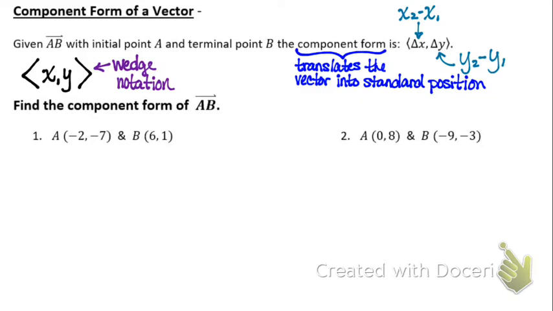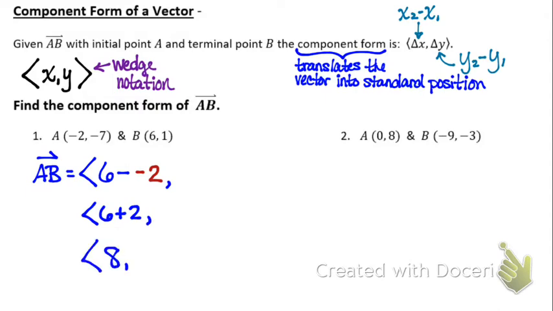So let's find component form for number 1. For my vector AB, I want to subtract my x's. What's x2? Yep, 6 minus x1, which is negative 2. Well, what happens when I subtract a negative? That turns into 6 plus 2, which is what?